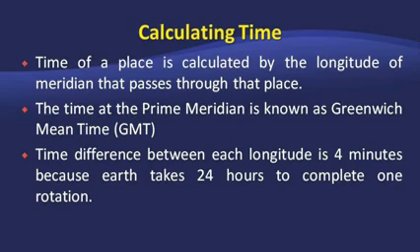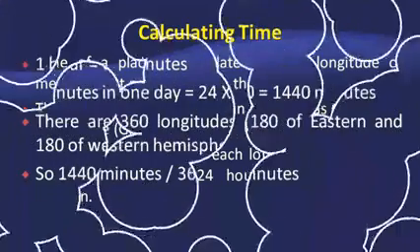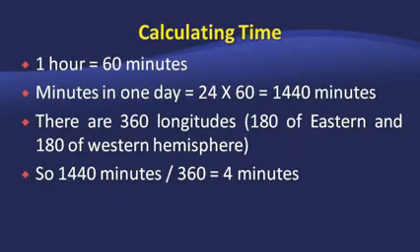The time difference between each longitude is 4 minutes. This is because the Earth takes 24 hours to complete one rotation. Let's see this calculation of 4 minutes in the next slide. Students, as you all know, there are 60 minutes in 1 hour, and in one day there are 24 hours. So, how many minutes are there in a day?